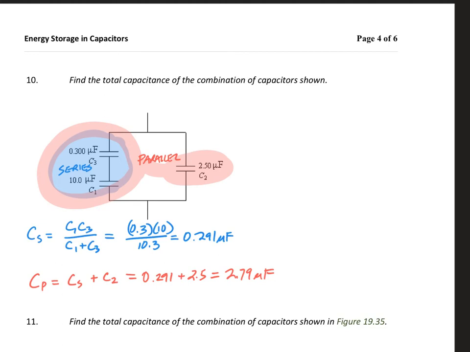But you always are doing this maneuver where you collapse things that are in parallel or series by means of these equations, and you essentially create an equivalent capacitance. So we could do the same job that this series parallel network of capacitors is doing by simply getting a single 2.79 microfarad capacitor.